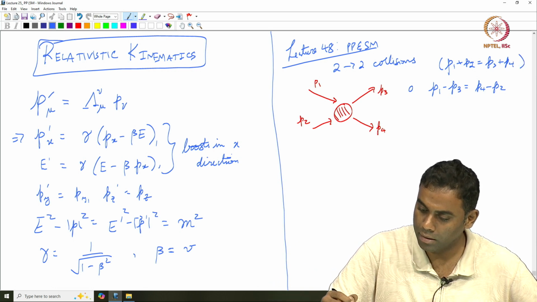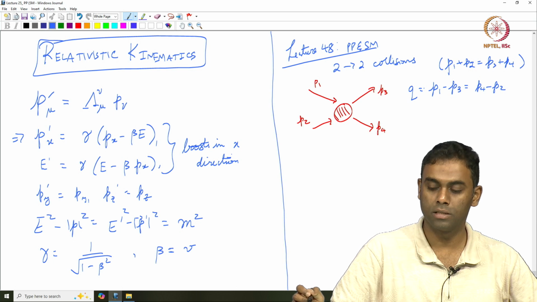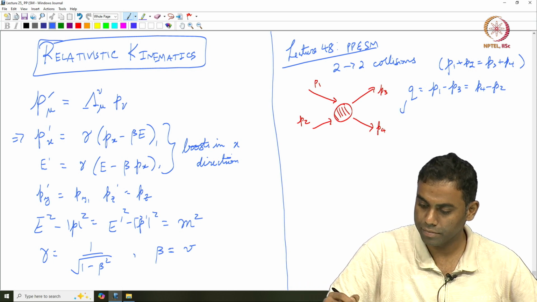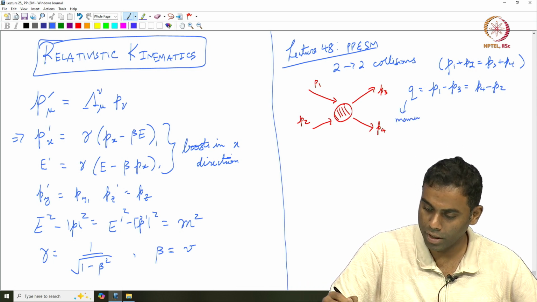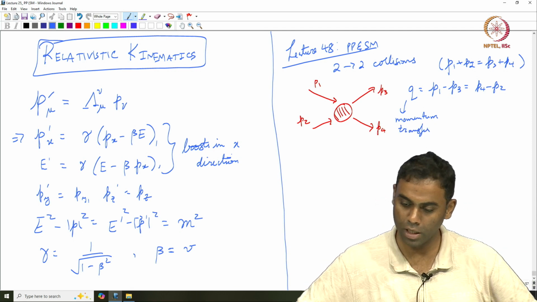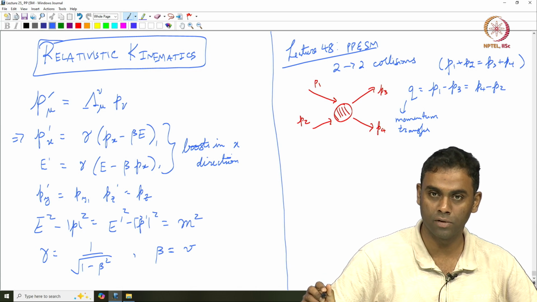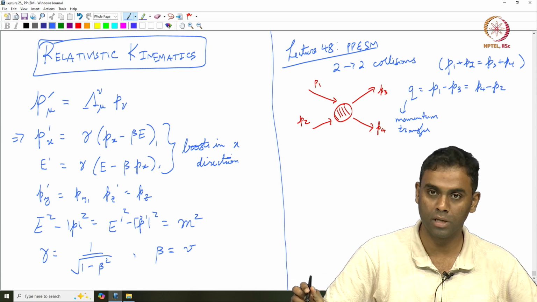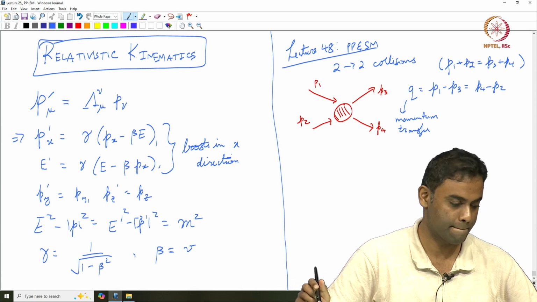This quantity is generally denoted by Q. In most collision processes you will notice that it is Q that is actually important, it is the momentum transfer that turns out to be the figure of merit.